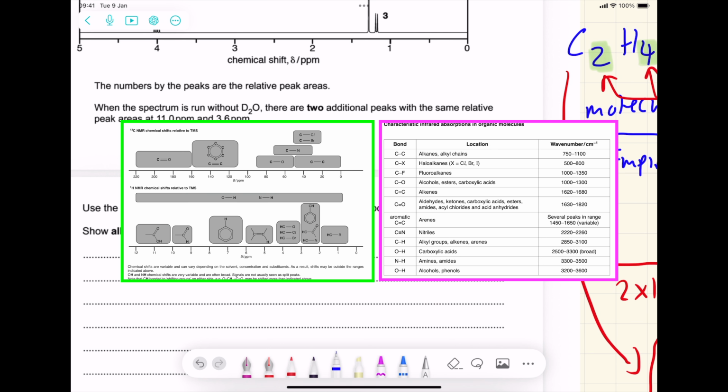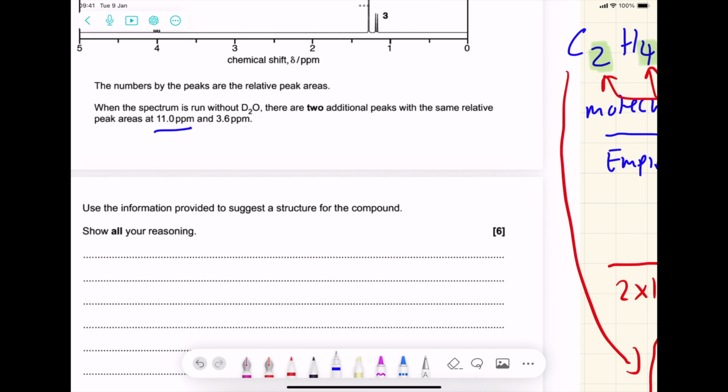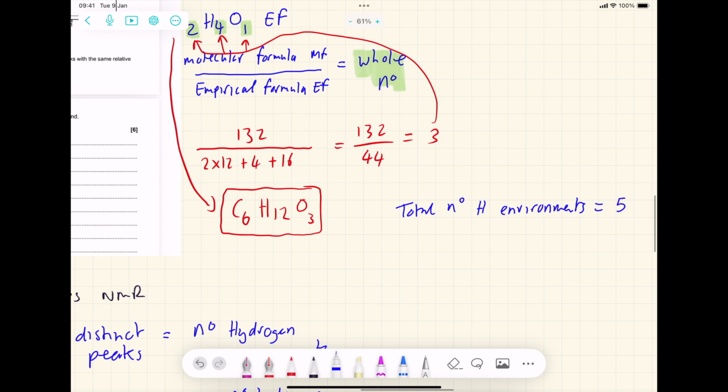If you look at the datasheet, the functional group that is around 11 is a carboxylic acid. So we know for a fact that the chemical shift of 11 is the carboxylic acid functional group, because if you look at our molecular formula, we've got 3 oxygens to use up, and 2 of them have already been used in that functional group.